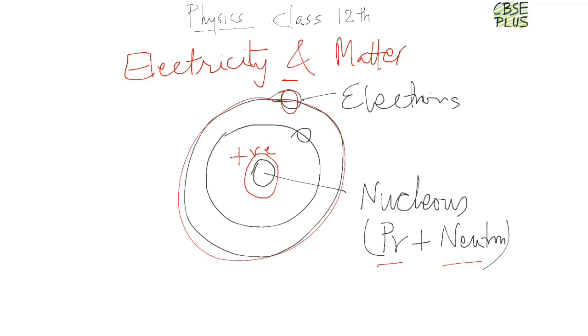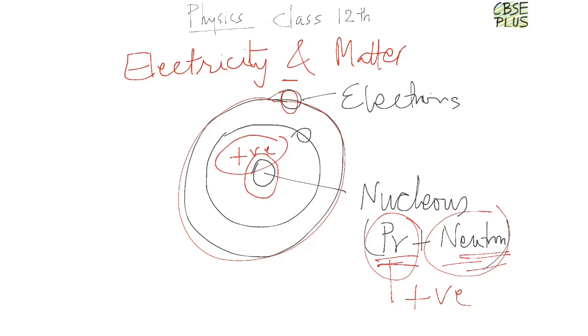That electrons have negative charge is very intrinsic. The nucleus has positive charge because it has protons and neutrons inside it, and the proton is positively charged. Neutrons have no charge, but they have mass.